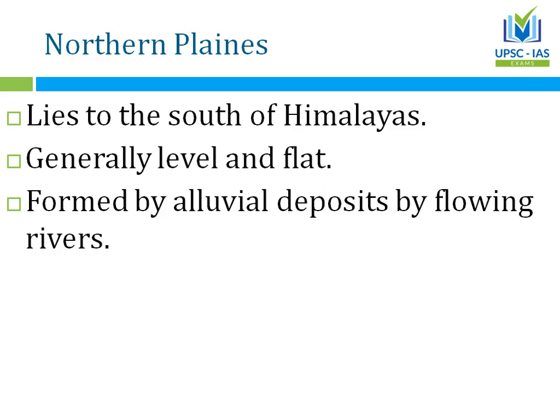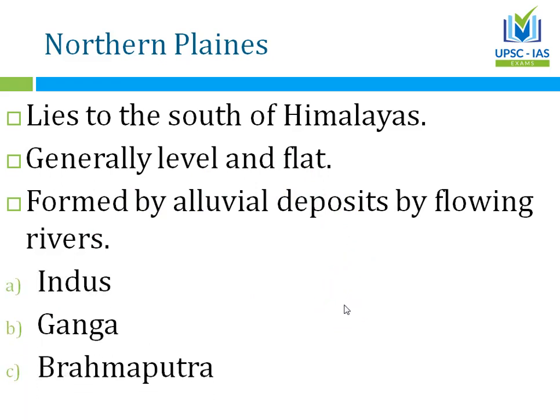So these alluvial deposits get eroded by the flowing river and get deposited here again by the flowing river. Three parts: Indus, Ganga and Brahmaputra. These are the three rivers which conduct this activity of erosion and deposition, and because of this we have these plains which we call northern plains.